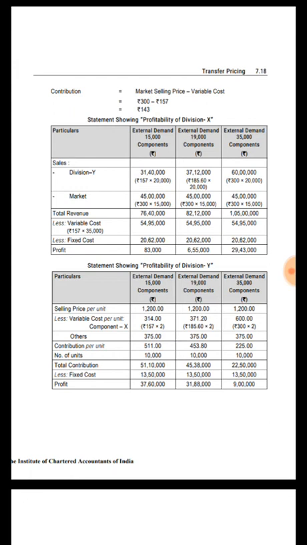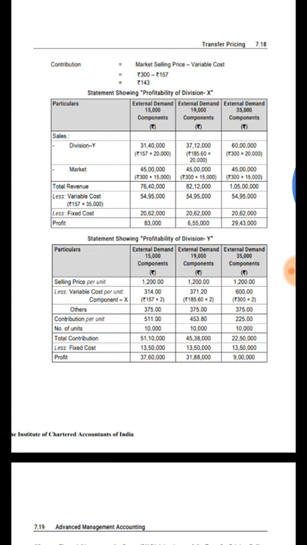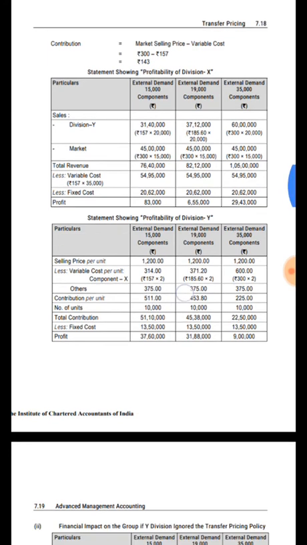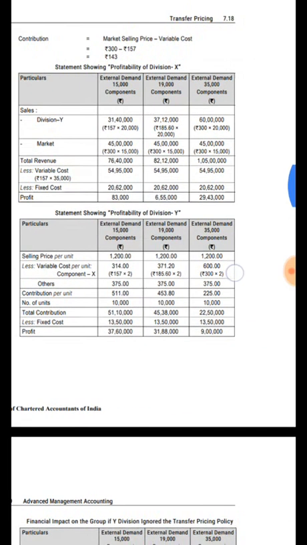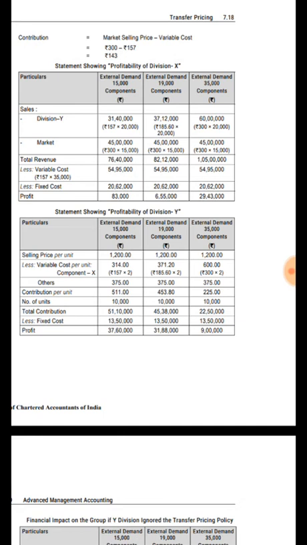So for example, if I am seeing this one, 1200 minus 314 minus 375, contribution per unit 511. Just like that for these two situations also. Okay, so we got contribution per unit. Now number of units 10,000 is there, right? So 10,000 we took. So number of units into contribution per unit, we will get total contribution.